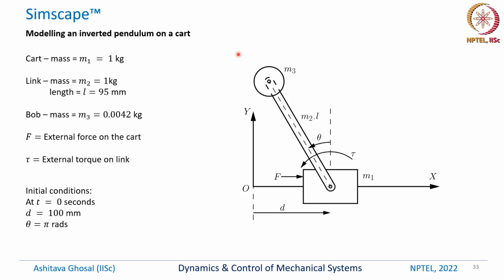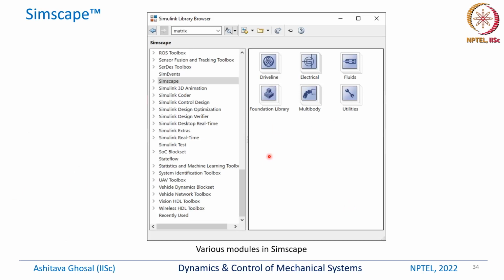This is a very classical problem in controls, and we will give some initial conditions. We will say that at t equals 0, this distance d, the center of this cart, is at 100 mm, and this theta is pi radians. Okay, and we want to give some force and some external torque, and then see what this pendulum and this cart are doing. So how do we do that?